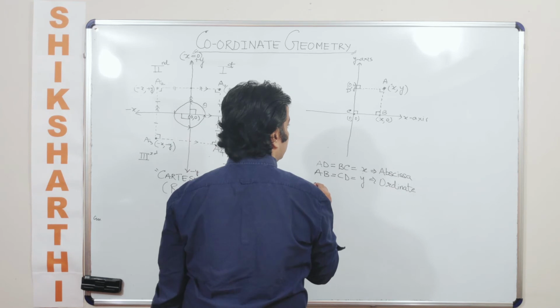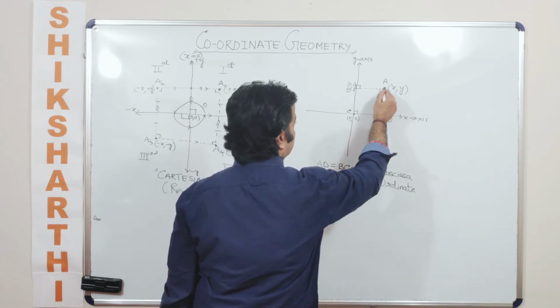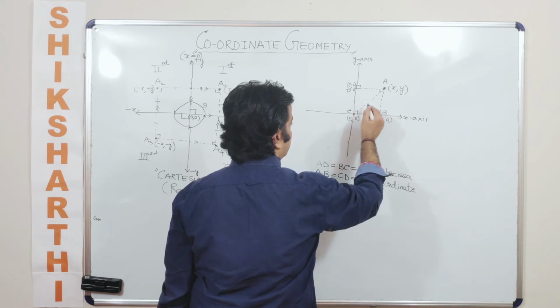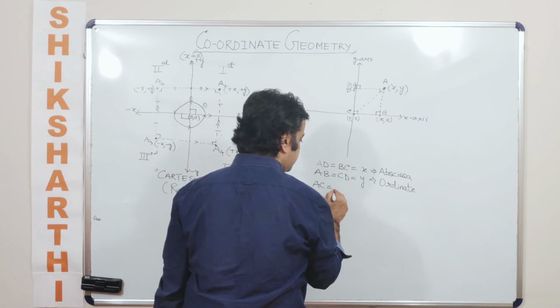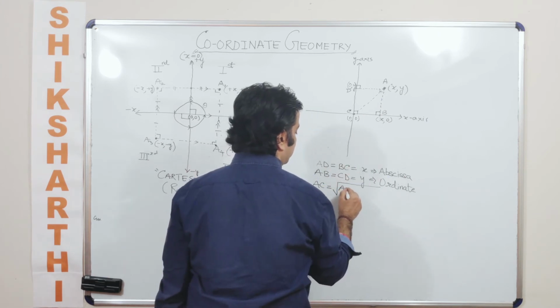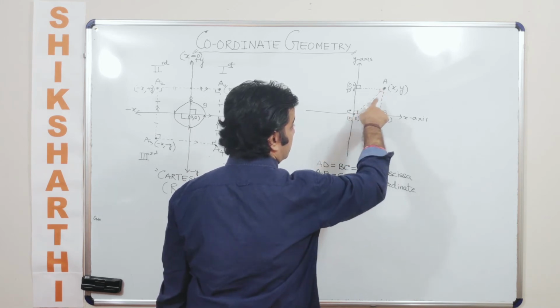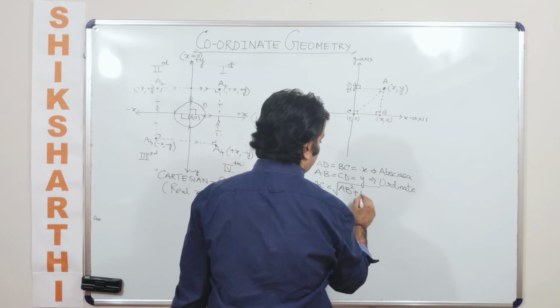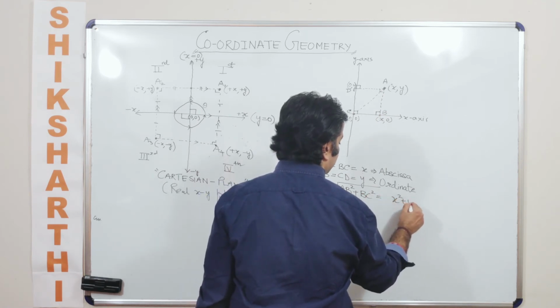Can I find out the line segment AC? Yes. And how? You just need to draw this. So now you can apply Pythagoras theorem. So Pythagoras theorem says AC is equal to under root of AB square plus BC square, which is just like saying under root of x square plus y square.